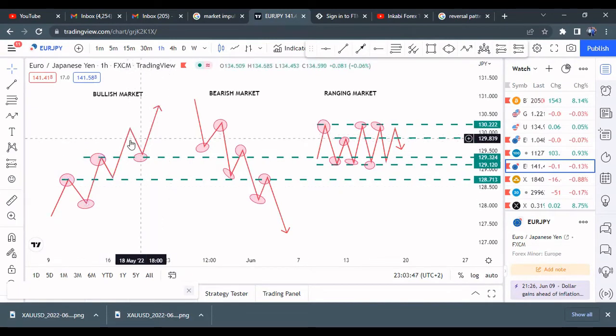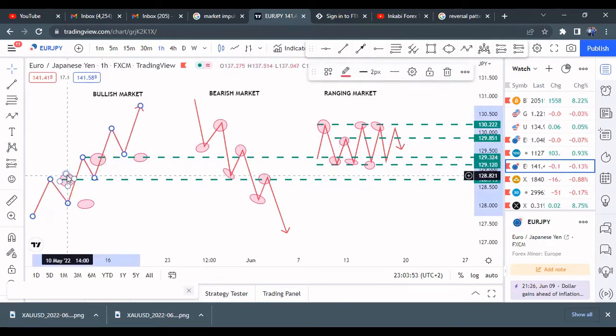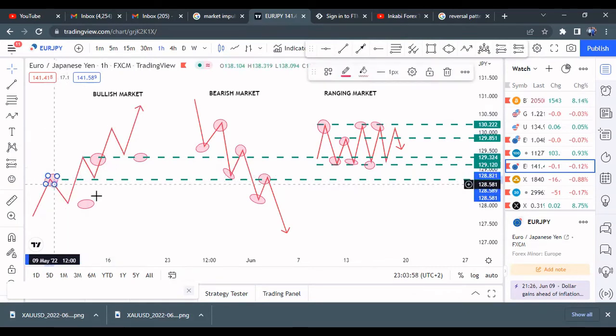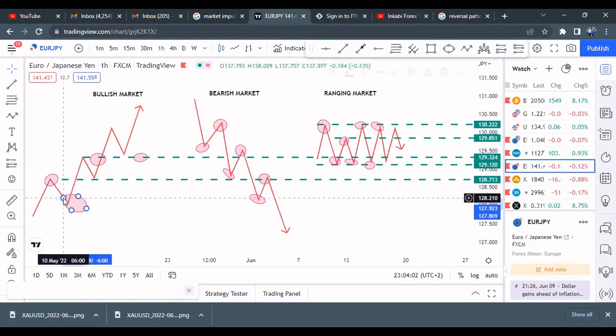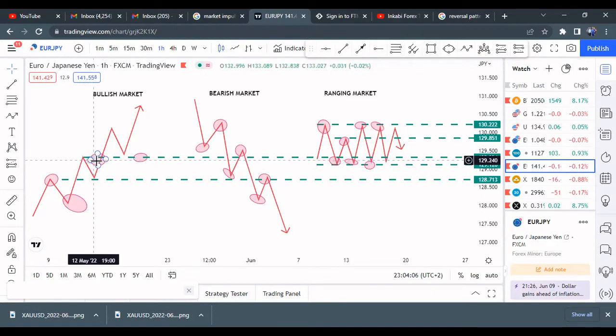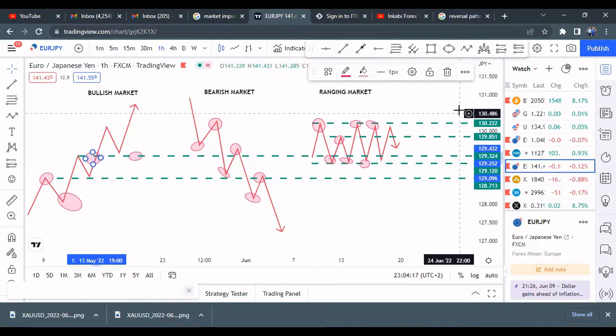So let's say we are in a bullish market, like this one. Let me just remove these drawings and draw properly.